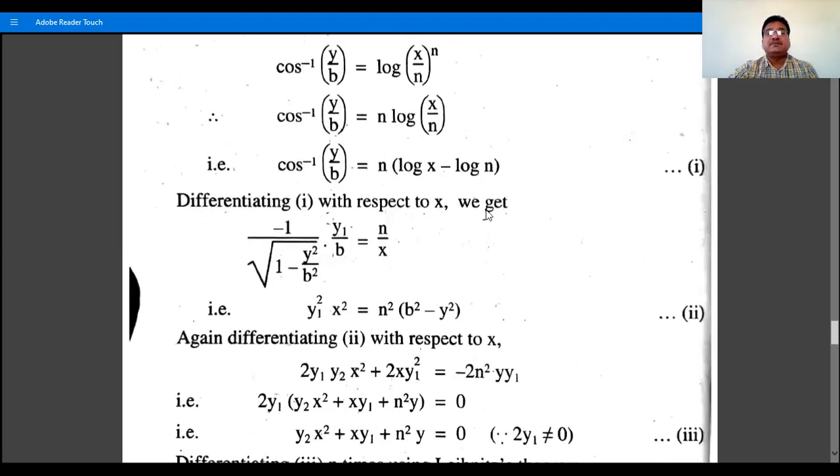Then differentiate. The derivative of cos inverse (y by b) is minus 1 by root (1 minus y square by b square) into the derivative of y by b, that is y1 by b, is equal to n log x, whose derivative is 1 by x, minus log n, whose derivative is 0.